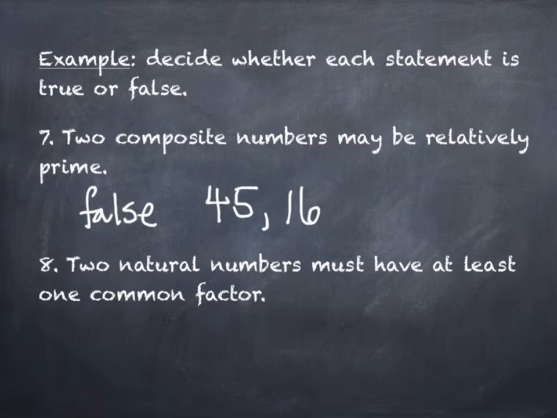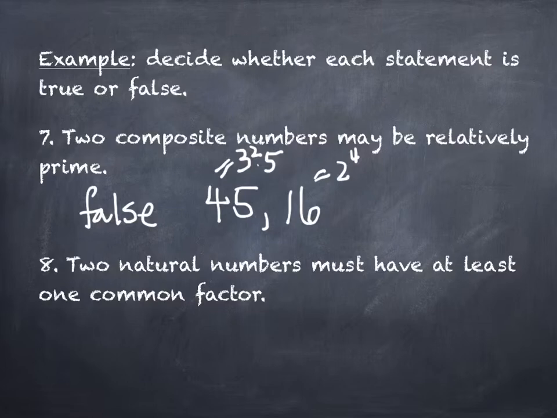It divides it 4 times, 2 to the 4th. So 45 factored would be 3 squared times 5, and 16 would be 2 to the 4th. They have no factors in common. And that's what it means to be relatively prime, is that they just have no factors in common. It doesn't actually mean that anything's prime. I know. Great name, huh?